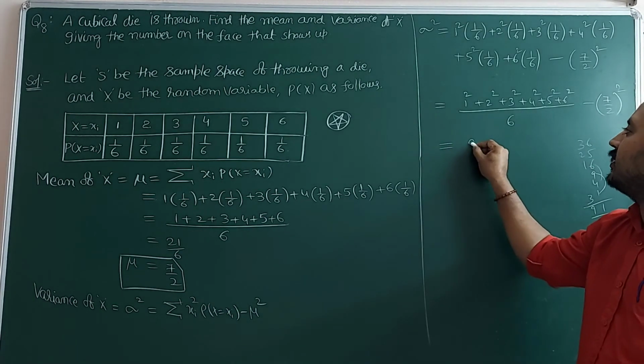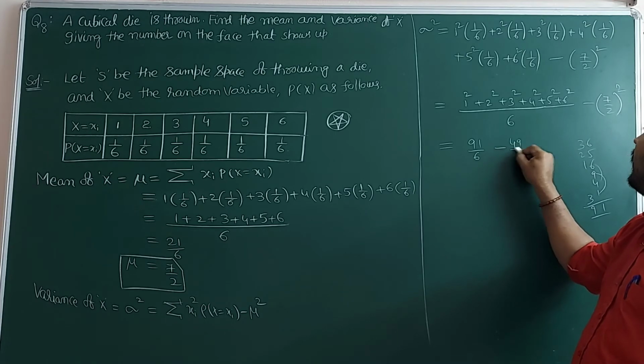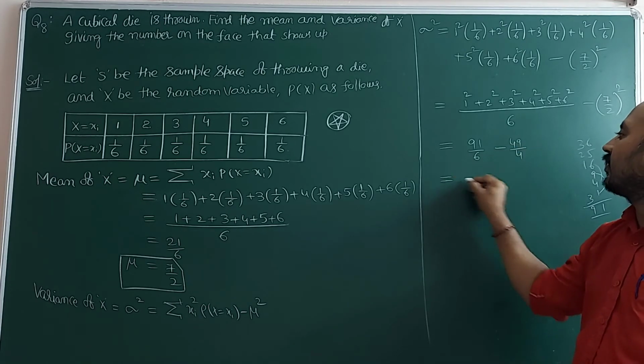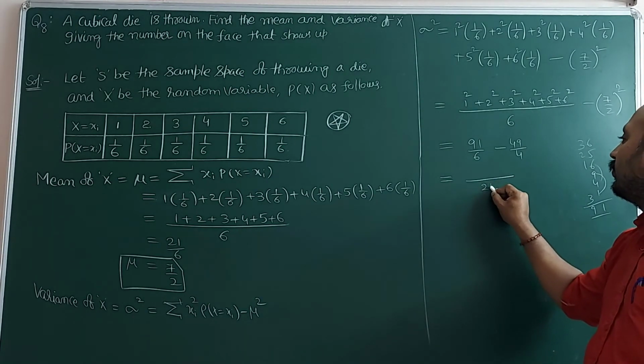That is equal to 91 by 6 minus 49 by 4. LCM for 6 and 4 is 24.